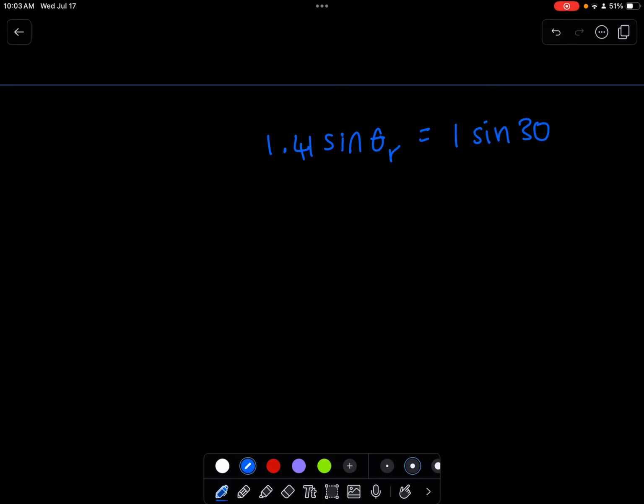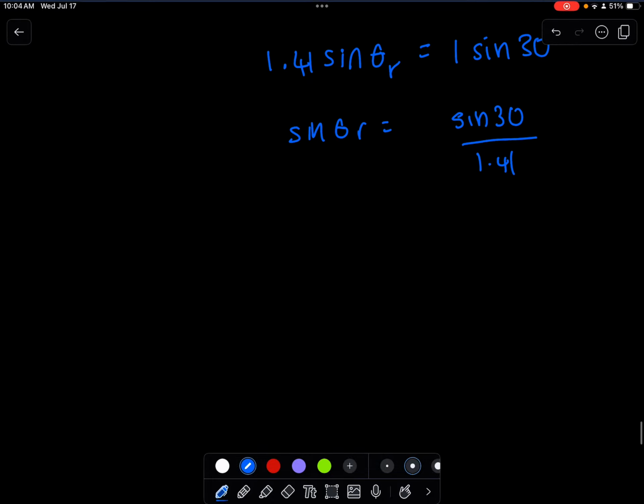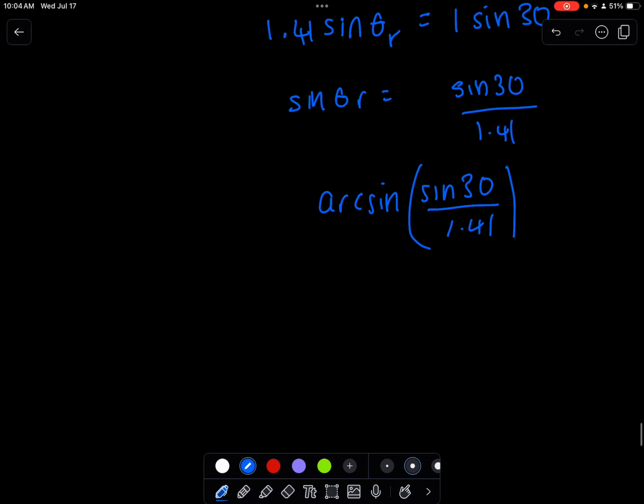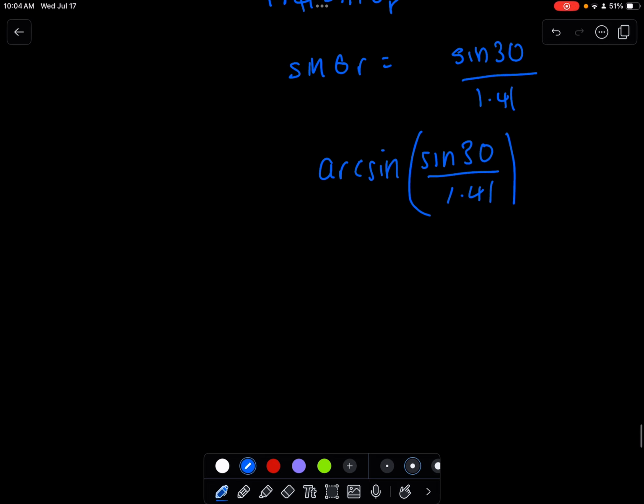So the sine of the refractive angle, sine theta r, is equal to sine 30 all over 1.41. And so arc sine of 30 all over 1.41, that is our refractive angle, which is 20.7 degrees roughly.